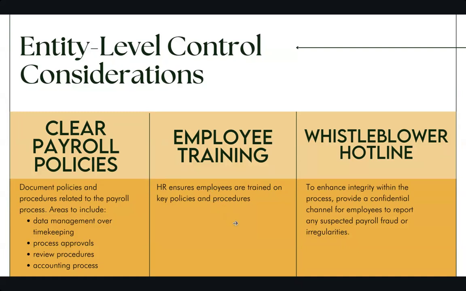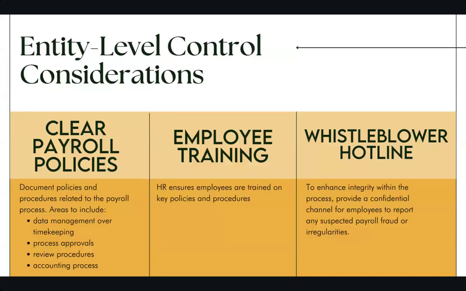So making sure that the actual controls are implemented and operating effectively. And then the third bucket here is on whistleblower protection. So this is more on protecting the integrity of the entire process.